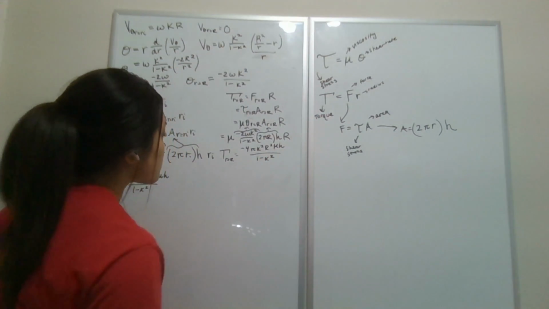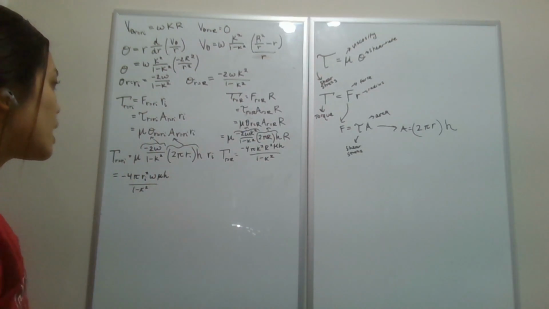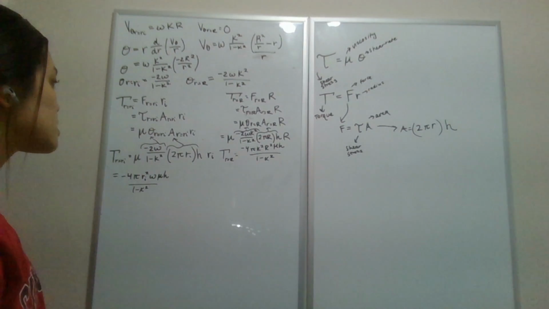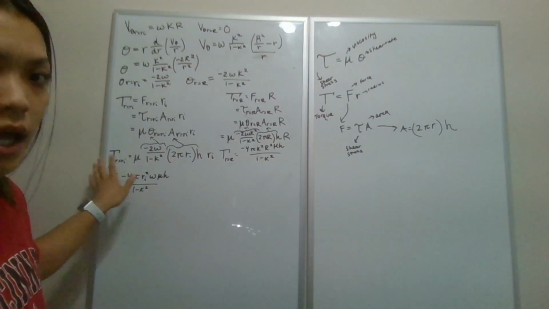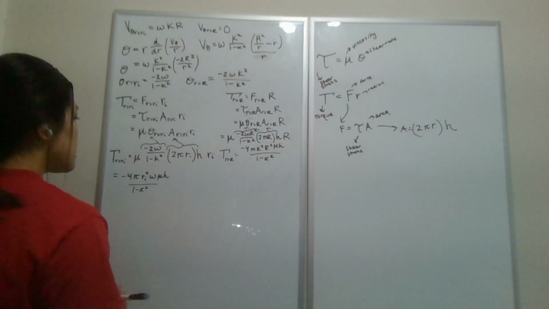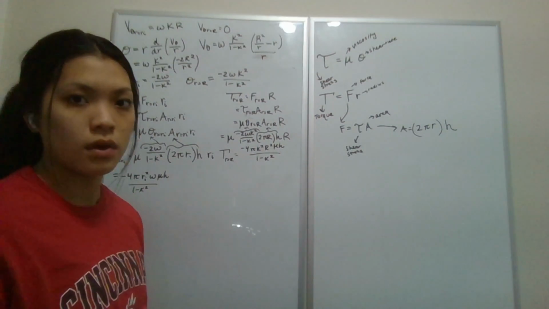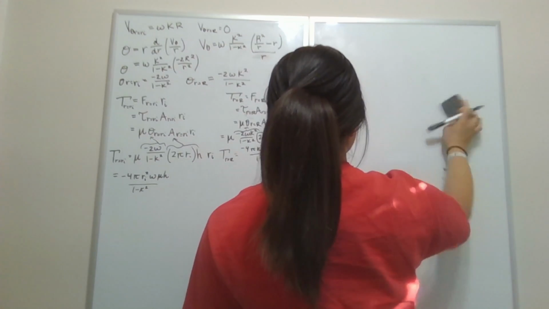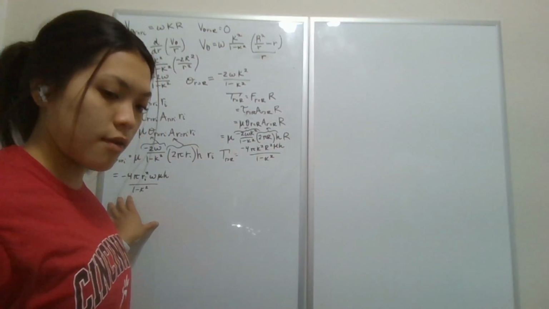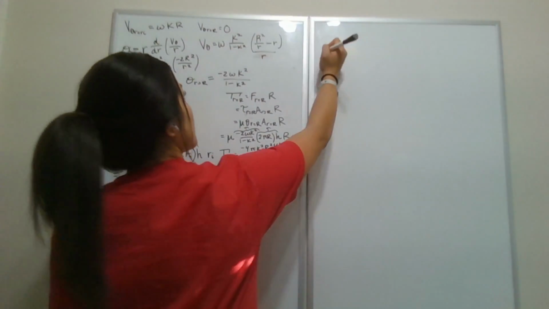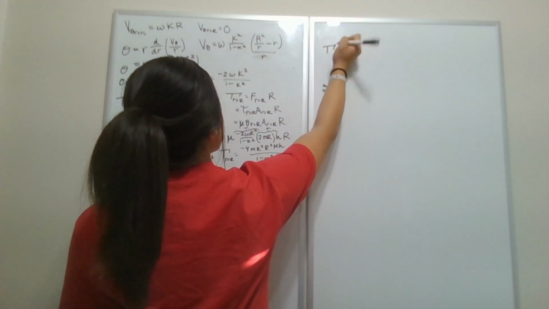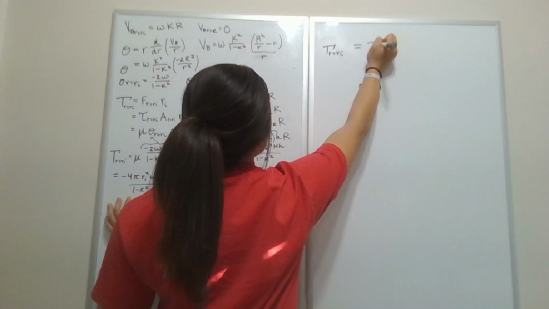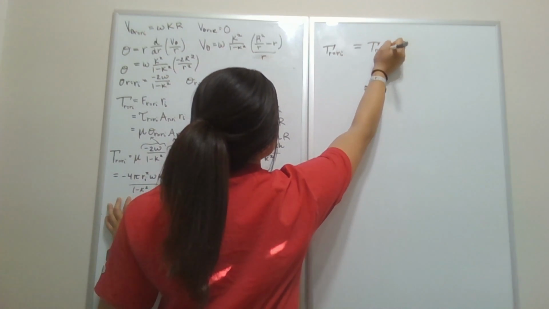And so if we take these two equations, the torque for the inner radius and the torque for the outer radius, and we set them equal with one another, we can do that over here. We have the torque at the inner radius set equal to the torque at the outer radius.